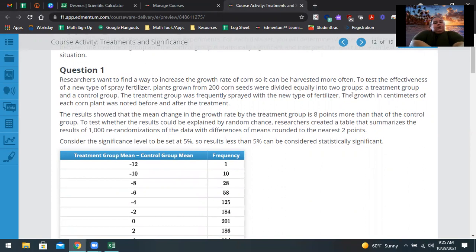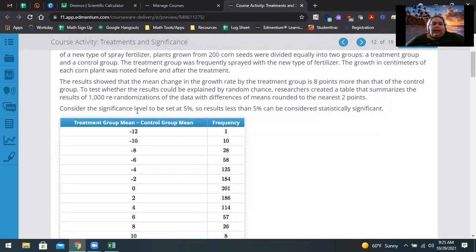So they're also applying the re-randomization concept with the bell peppers that we did in task 1. The treatment groups were frequently sprayed with the new type of fertilizer. The growth in centimeters of each corn plant was noted before and after the treatment. So the results show that the mean change in the growth.